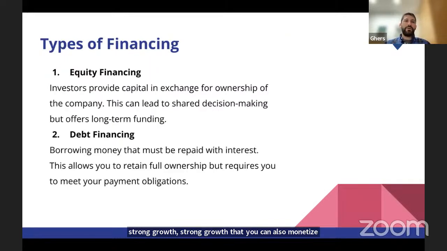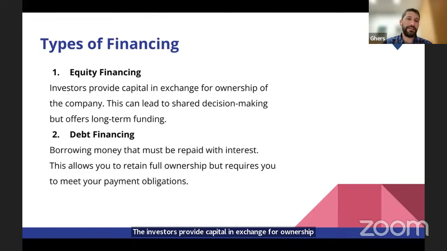So yeah, what are some types of financing? The basic ones, I guess, would be equity financing. The investors provide capital in exchange for ownership of the company, shares in the company.